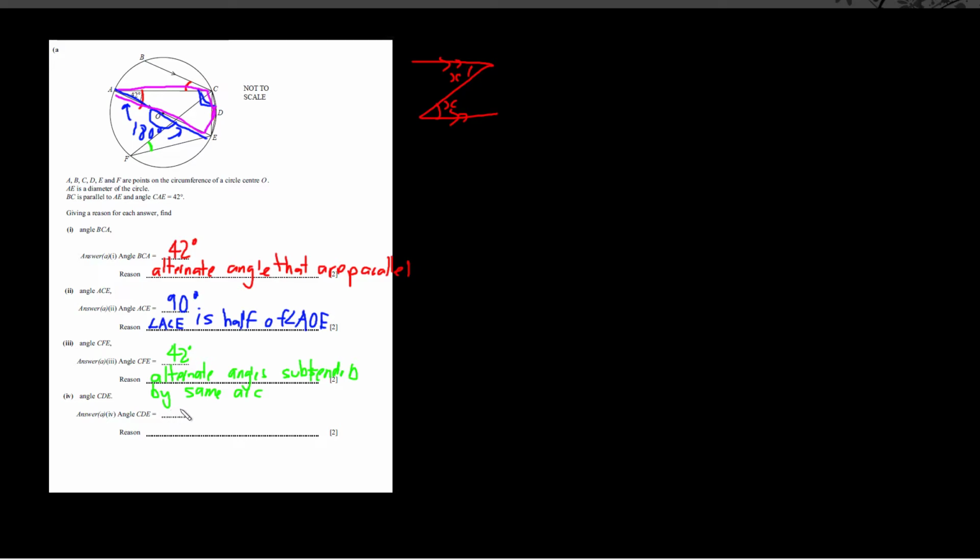So CDE would be 180 minus 42, which is 132 degrees. Using cyclic quadrilateral rule, opposite angles sum to 180 degrees.